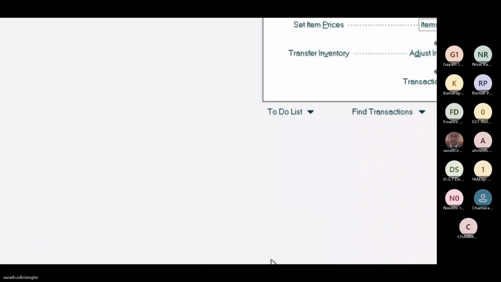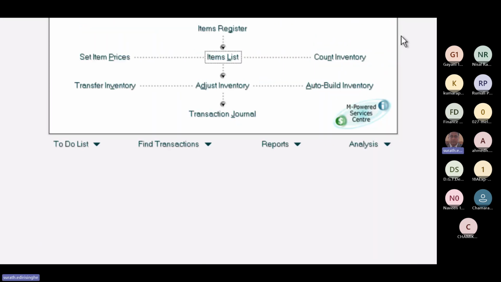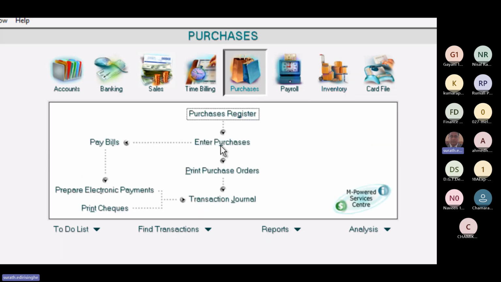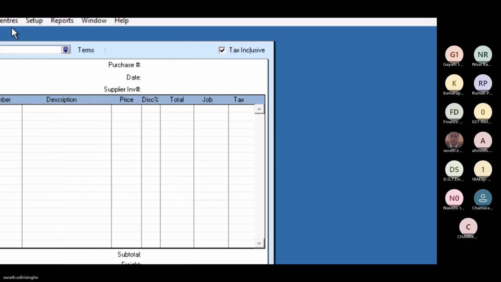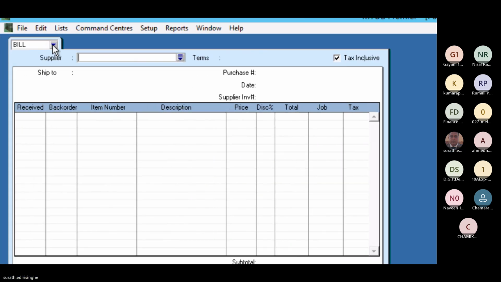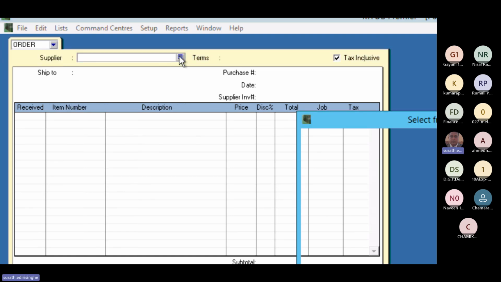Then, is it okay by student? Have you created the item? Yes, sir. Okay. Then go to the recording purchase on this item. Purchase order, supplier Prime.